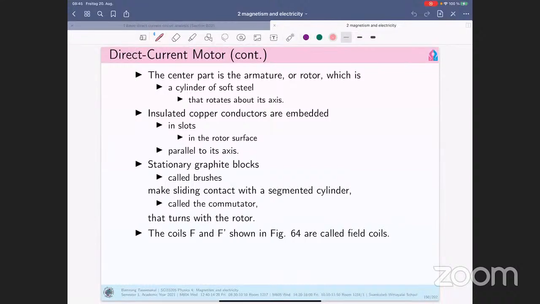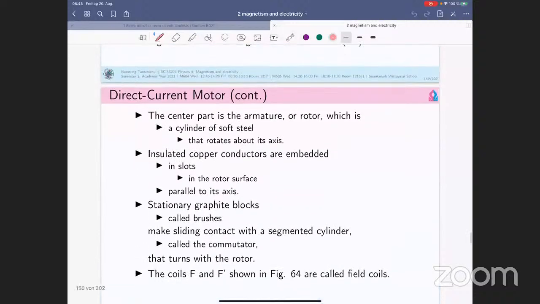Yeah, this one I'm not sure. Direct current, yes. Yeah, direct current motor, right? We are live at the story. It's the first type of the motor that you can apply.